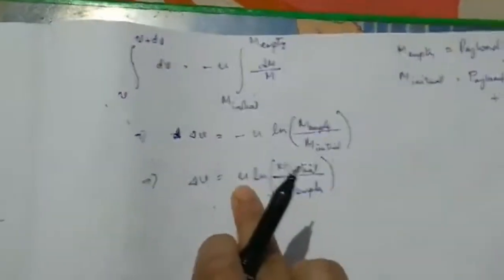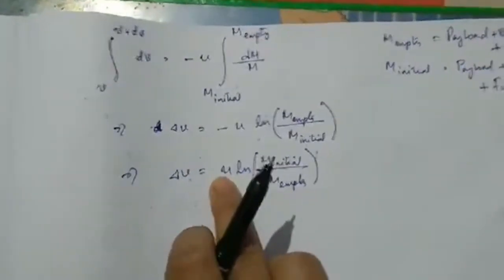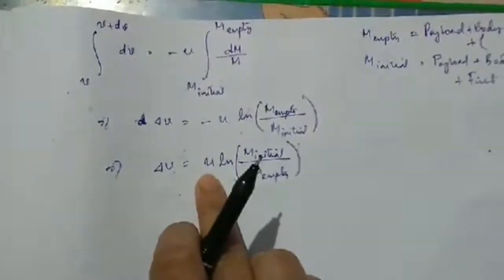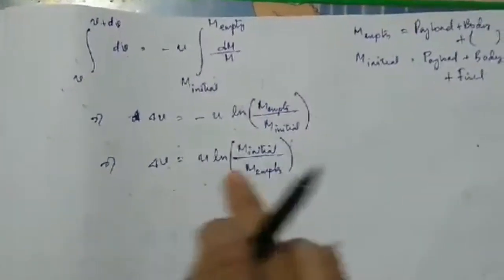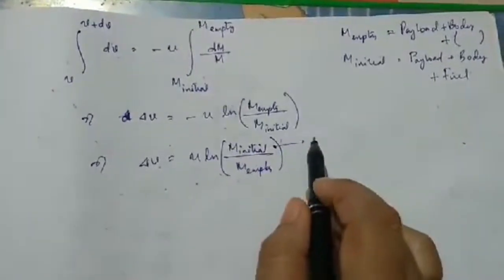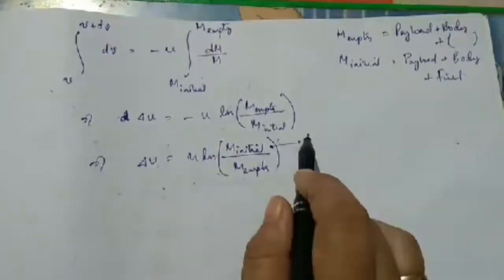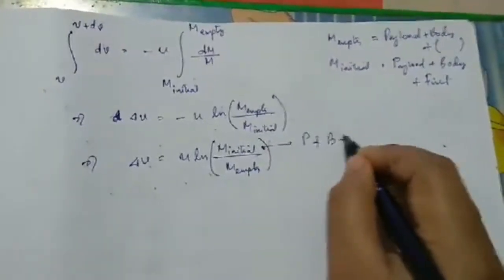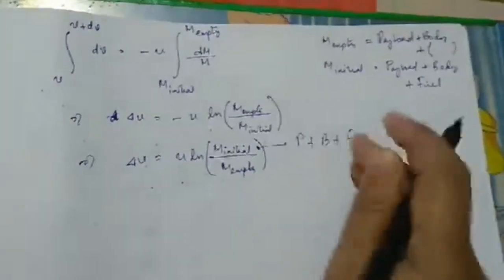Now u is the velocity of ejection of the fuel, that you can set in the rocket yourself manually or by the program. And m initial is well known, it is how much weight is carried by the rocket at the initial stage. You need to add the mass of the payload, the body, and the fuel that you are adding. So that is the initial.